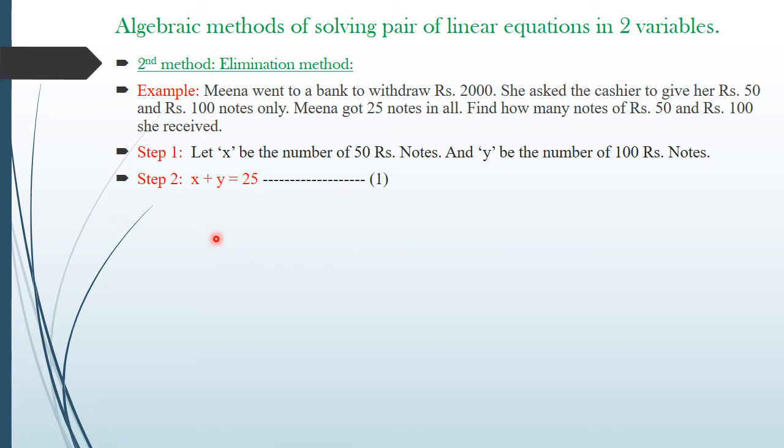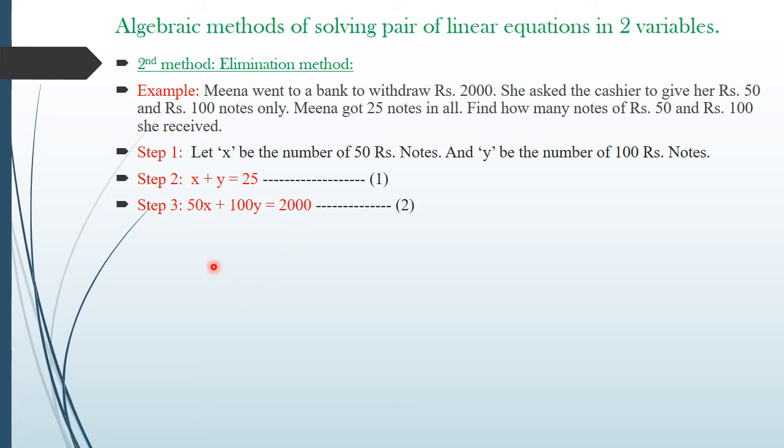Then in the second step I will form the equations. It is given that she got 25 notes in all, means if x is the number of 50 rupees notes and y is the number of 100 rupees notes, x and y total she has got 25. So x plus y is equal to 25. This is the first equation that we have formed using the first statement.